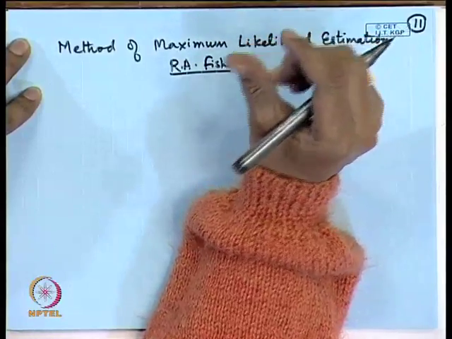Here he considers that all the problems in inference should be based on the likelihood function. So, what is a likelihood function? He considered that when we have an experiment and we are formulating a random variable, the probability distribution of the random variable depends upon the unknown parameter.